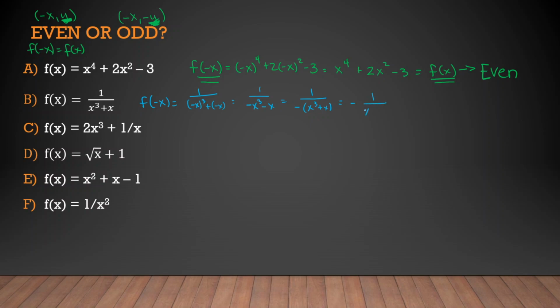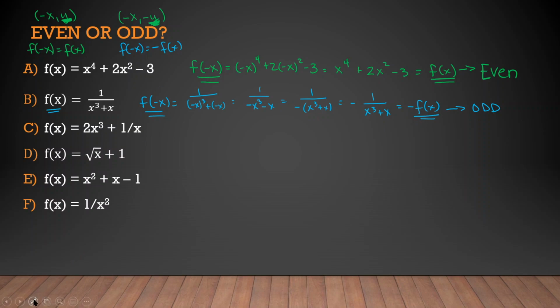That negative sign can go either on the bottom or out front or even up top. So that's exactly the opposite of what I started with. Okay? And so this is odd. So in this case, f of negative x equals the opposite of f of x.